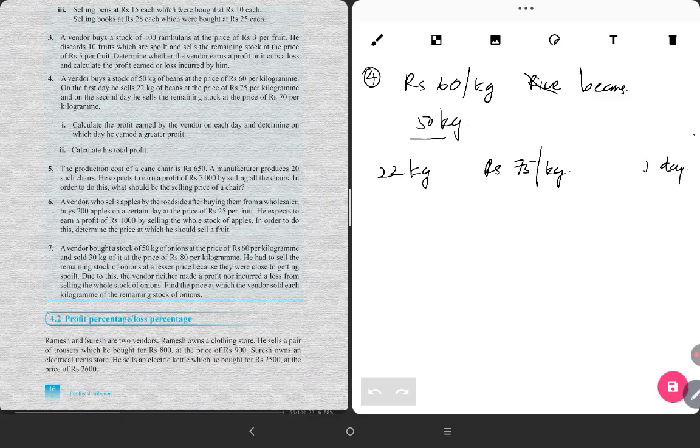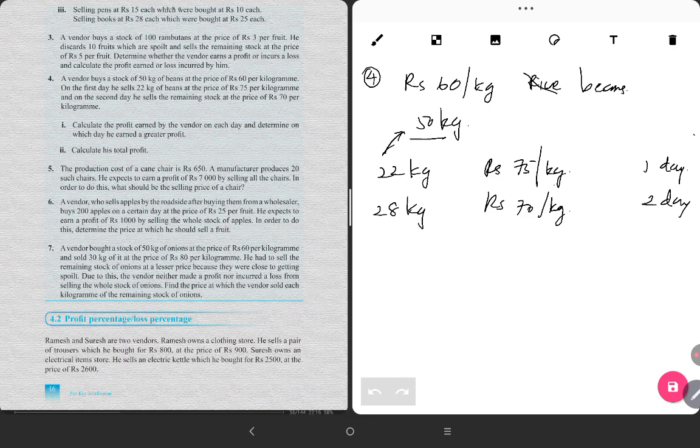Then on the second day he sells the remaining. If he sells 22 on the very first day, 28 kilograms are remaining, and he sells the remaining stock at the price of 70 per kilogram. So it has reduced. So in 2 days he has finished selling all the beans.